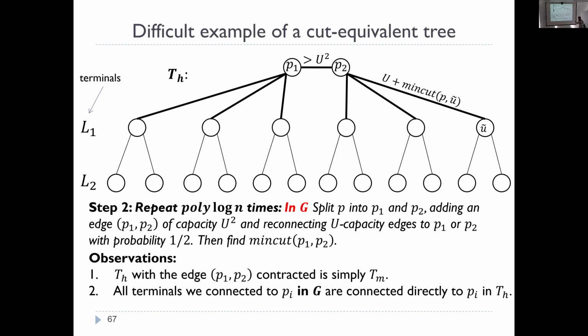What is the reason? Otherwise, the minimum cut between P1 and P2 would have been U squared plus U from that edge that is now associated with the other side, plus something. And we already know that there is a minimum cut of smaller value, which is U squared plus something smaller, like the weights of edges in the graph that do not include infinite capacity.